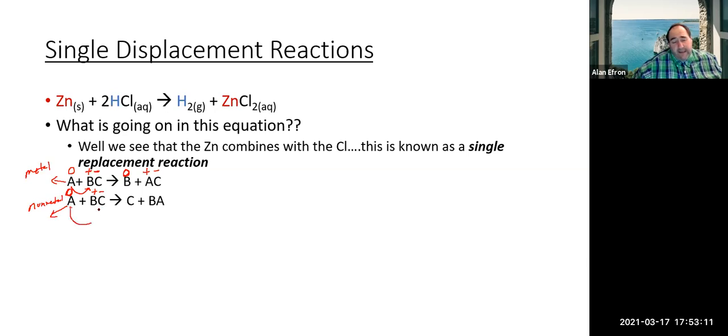So it will come in and kick out the negative guy there, making that nonmetal now come out all by itself, no charge, and a new ionic compound happening. So that is a classic single replacement reaction. The element coming in, in order for that reaction to take place, it needs to be more reactive than what it's replacing.